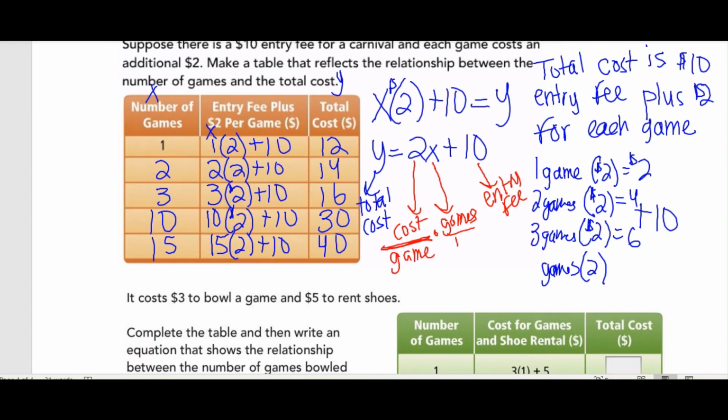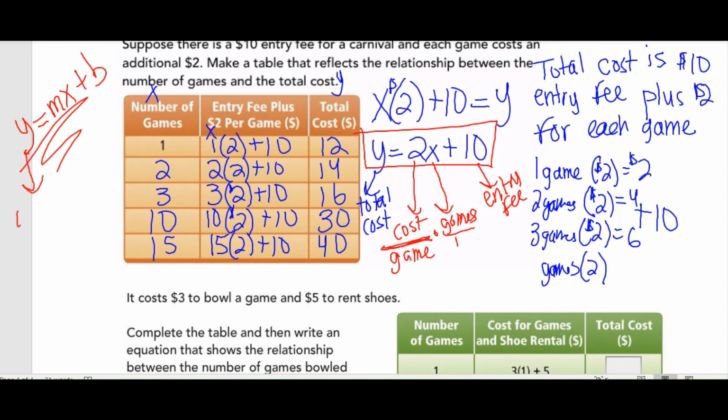So here's our equation for that, and remember that can be manipulated, but you usually see your equations in this point slope formula. Y equals m the slope times the x plus b the y-intercept. This is usually how you will see your equations, because y is usually the dependent variable, and then x is usually the independent.